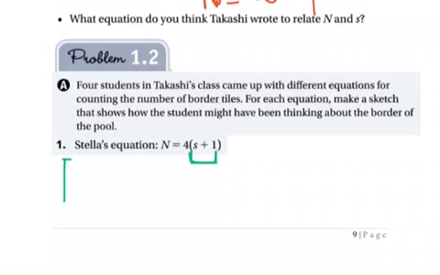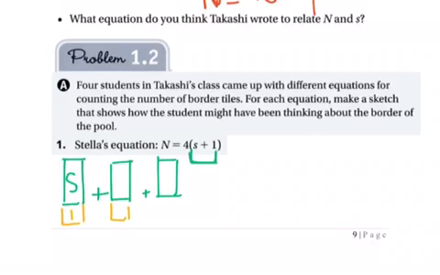So the first thing I'm going to do is sketch a side and a corner. Now because I want 4 of these groups, I'm going to show that I'm going to add it to another side and a corner, plus another side and a corner, plus another side and a corner.